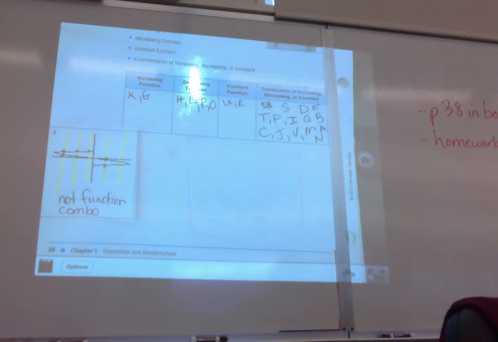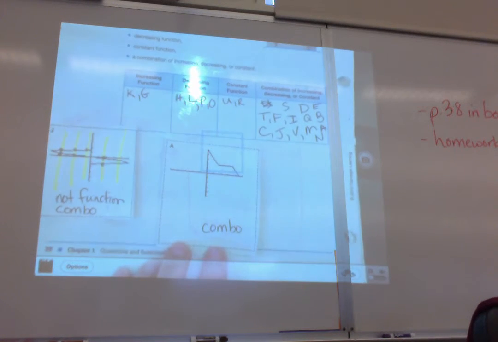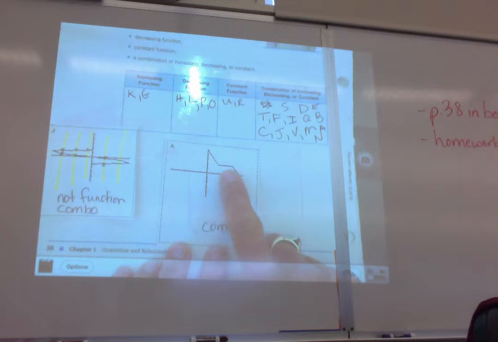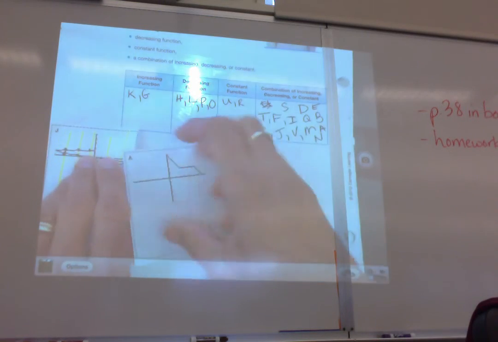And then I hear a couple people saying A. Let's double check A. Again, I put it as combo because it has that little part that's a flat line. So I'm fine if you kept it in decreasing. The general pattern is decreasing, but there is a little shelf of combo.